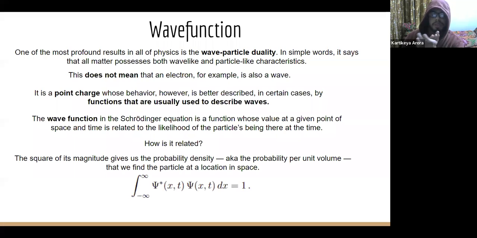Specifically, the square of the magnitude of the wave function gives us the probability density, that is, the probability per volume that we will find the particle at a location in space. Now, the equation below represents the sum of the probabilities of finding the particle at each position in space, and obviously it should be 1 because the particle is bound to be somewhere, right?